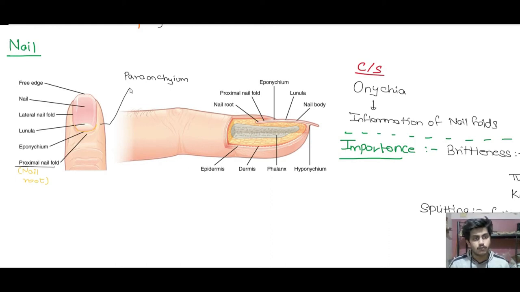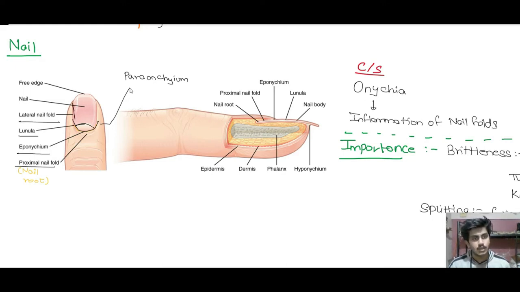In it we have the proximal nail fold, which is also known as the nail root. Then we have the eponychium. Now the eponychium is the region which forms a border between the lunula and the skin. And then we have the lunula, which is a semi-crescent shaped moon-like structure present in our nail bed. Then we have the lateral nail fold.